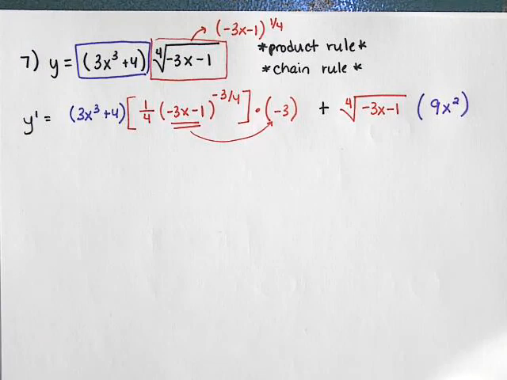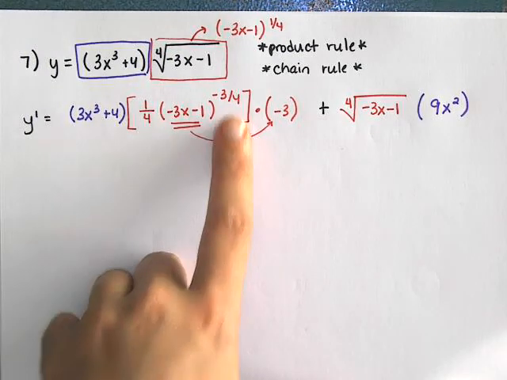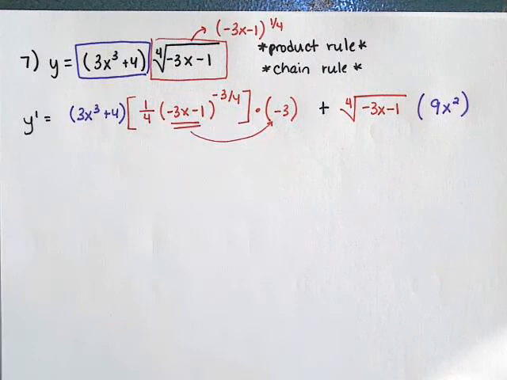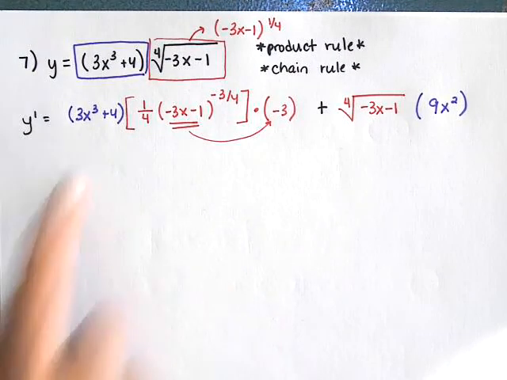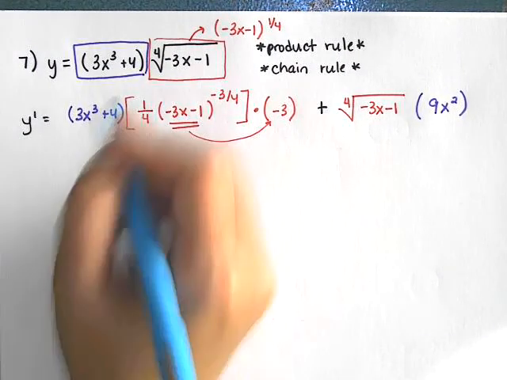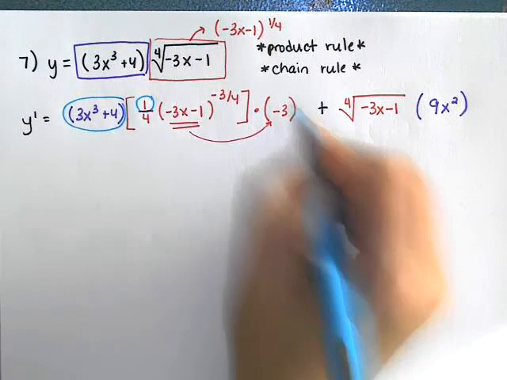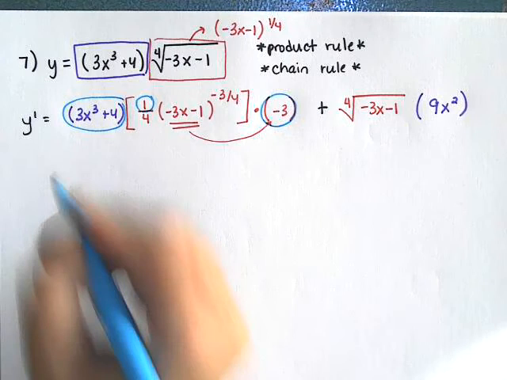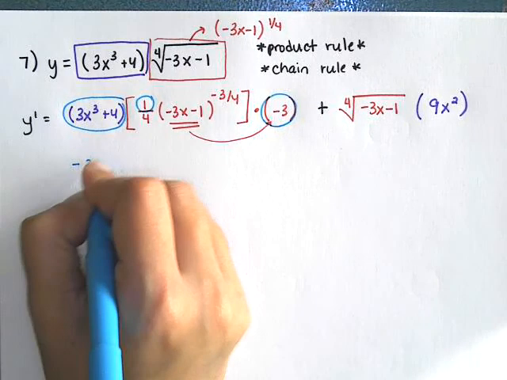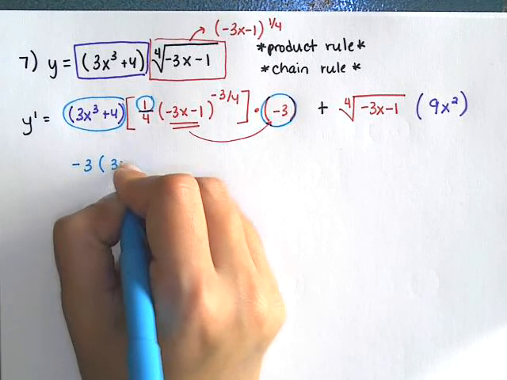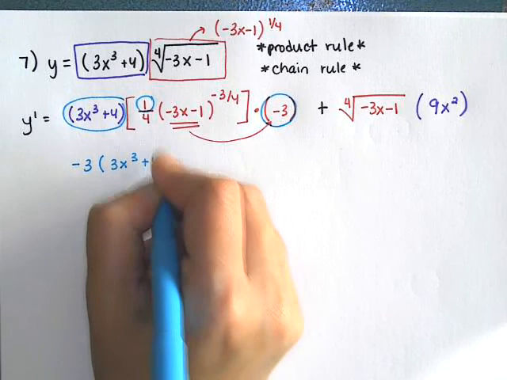So in order to simplify this, I'm going to take this negative exponent, and I'm going to try to clean up this first term a little bit. So stuff that's going to stay on the top: this guy, the 1, which is already on the top, and the negative 3. Which means the numerator is going to look like this: negative 3 times 3x to the third plus 4.